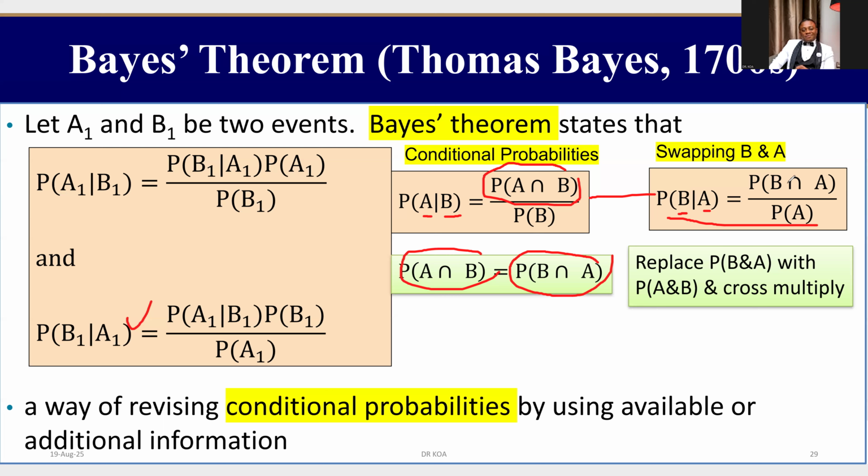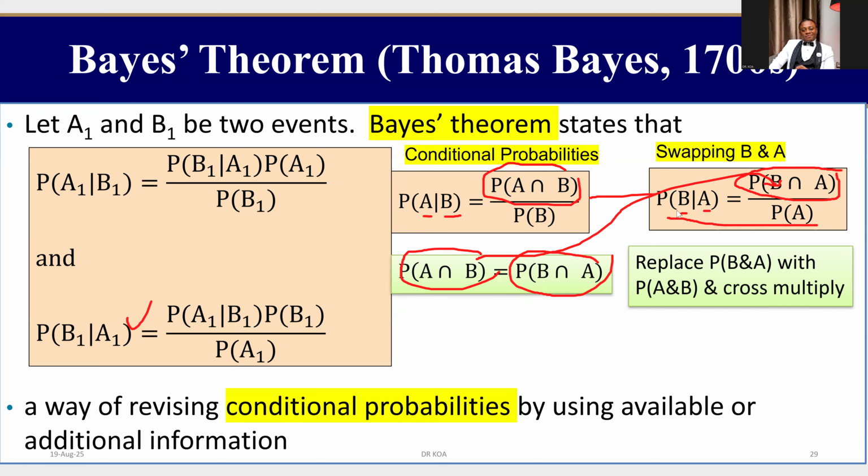Wherever there is B intersection A, I can now have A intersection B. Can't I? I can have it. So watch here carefully. At the top here, after swapping, I will replace it with that one there. I'll dump this one here. So what are we left with?